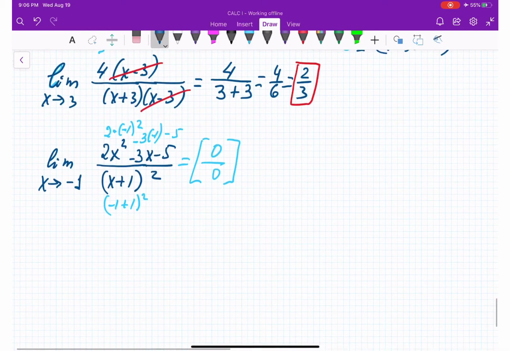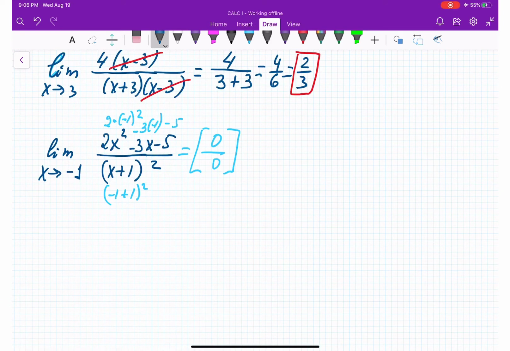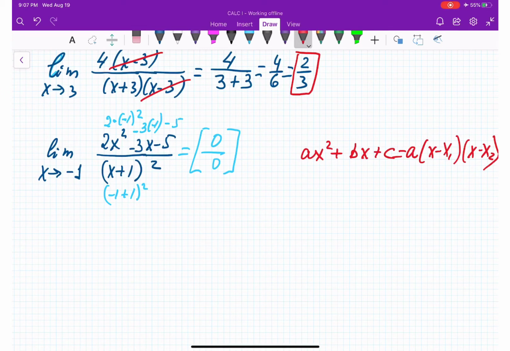How are we going to solve this one? We have a quadratic expression, a trinomial. We know that if we have ax squared plus bx plus c, we can factor it into a times x minus x1 times x minus x2. I have a video working out in detail this type of quadratic expression.